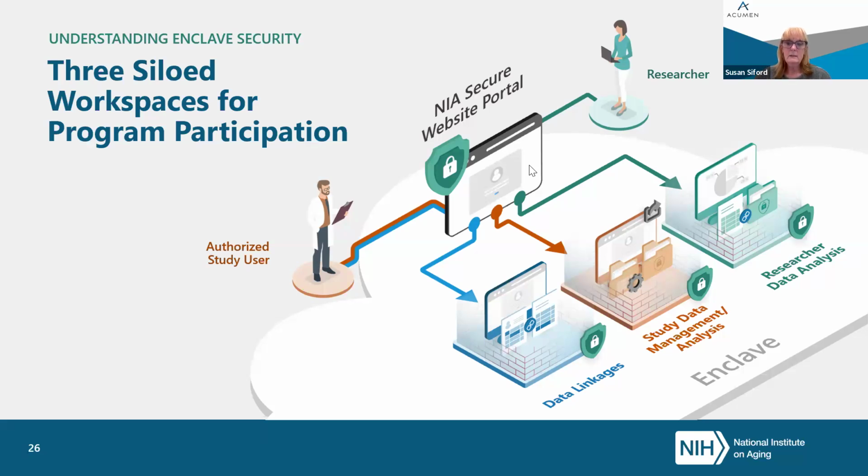The last space, which is the researcher data analytics space, is an environment where the study will allocate the appropriate data cut that they want the researcher to have access to. The linkage team will allocate the CMS data based on their approved DUA. And this is where the team can work within this environment to complete their analysis.